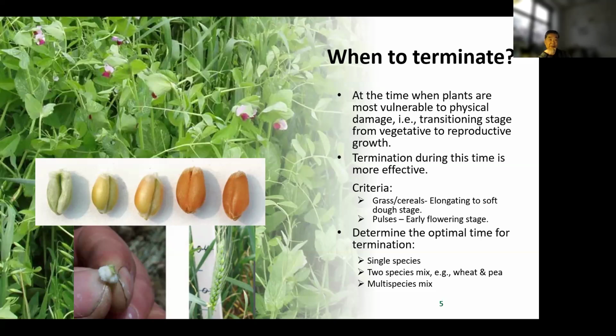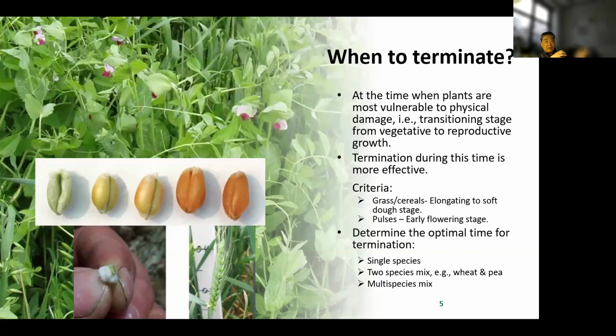During the vegetative growth stage, the crops focus their energy to grow. So if they put so much energy and attention there, it's really hard to kill.